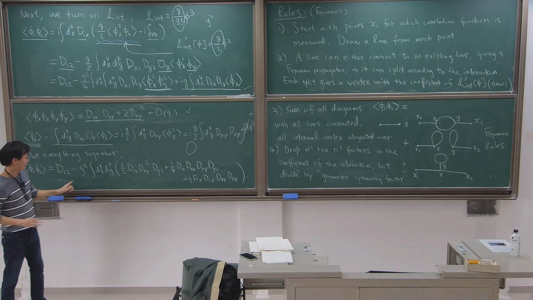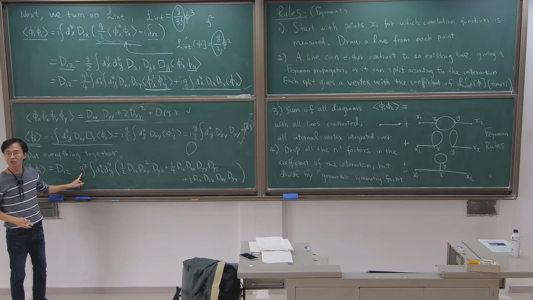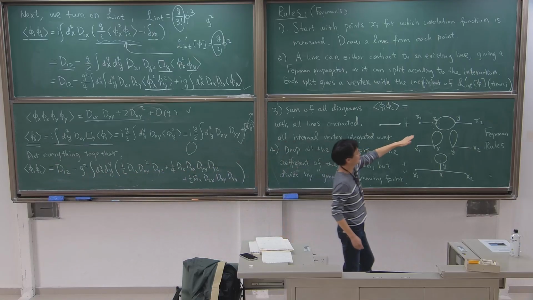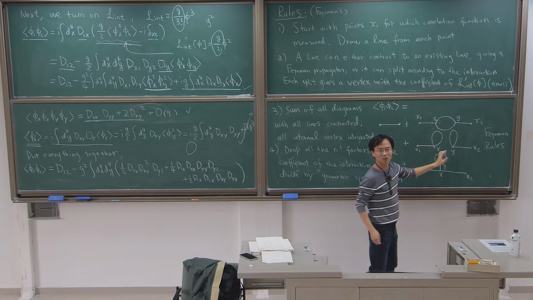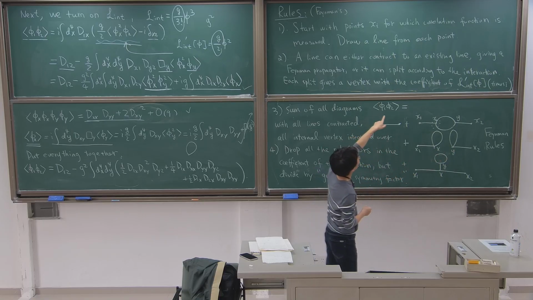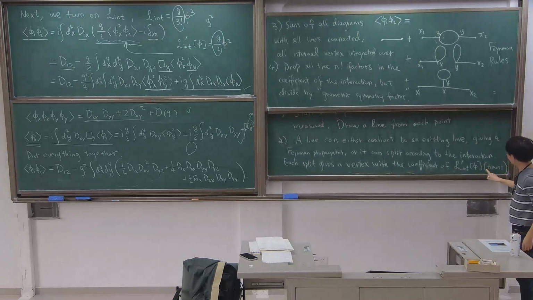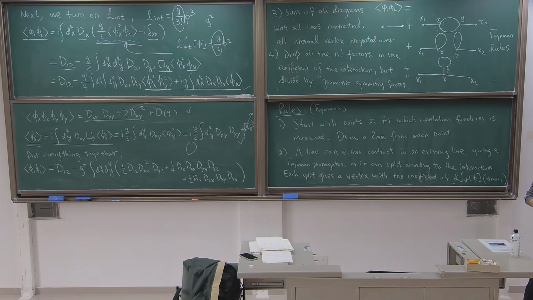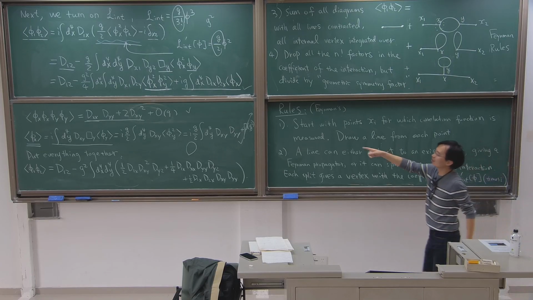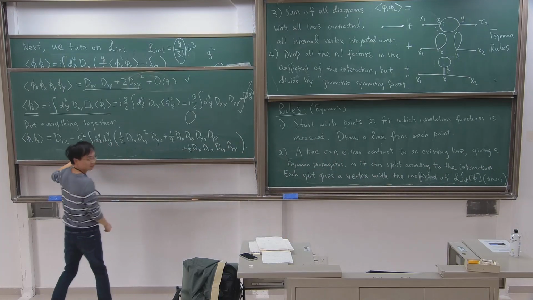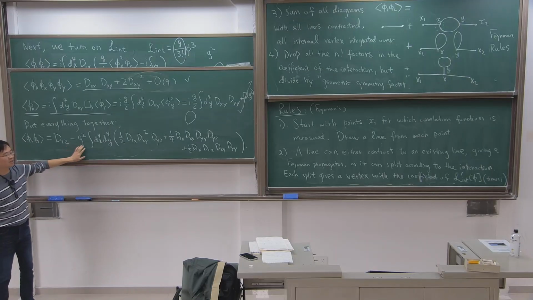I ignore those. For each vertex, I just write a G, because all the diagrams have 2 vertices. And this G times an I, so there is IG. IG squared, I get a minus G squared. That's why I get a minus G squared over there. So this minus G squared always comes from the rules.